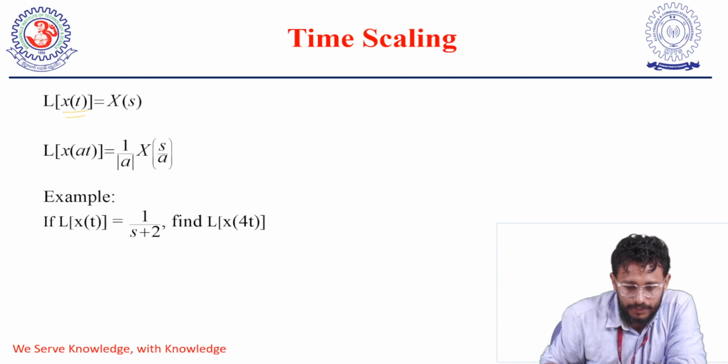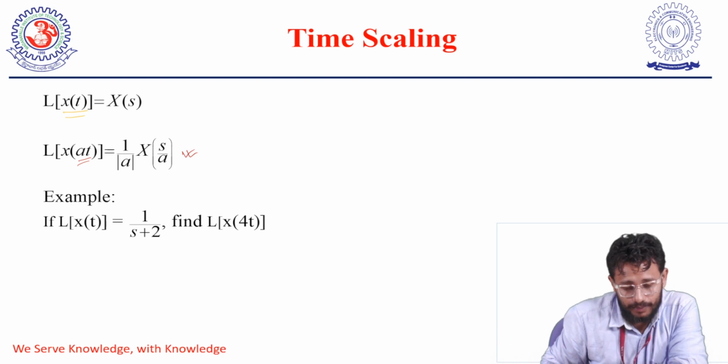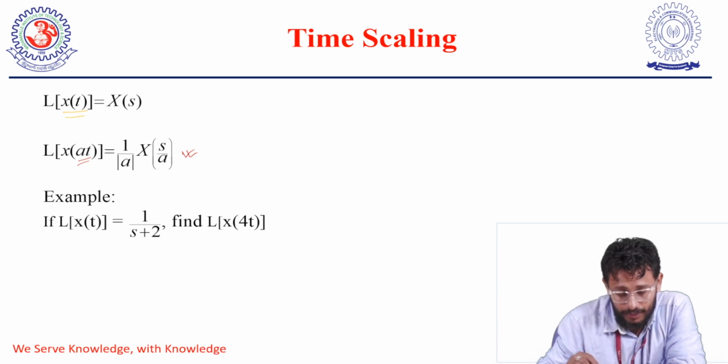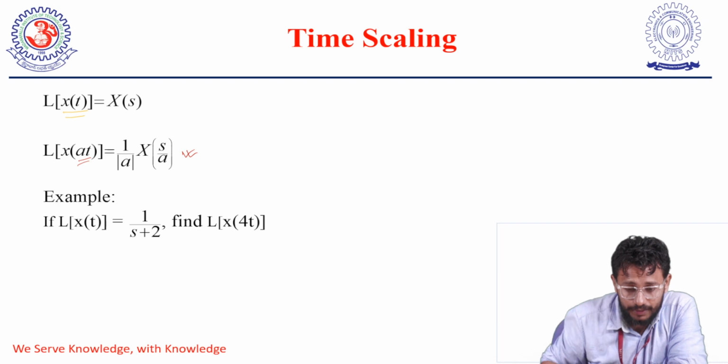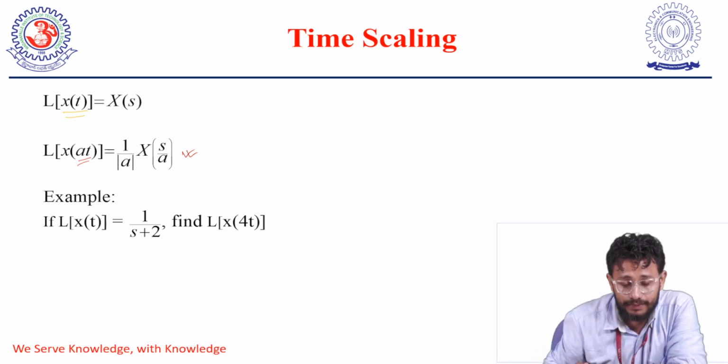Now, the moment I multiply or scale the time by a factor of a, this is what you will expect as the Laplace transformation: 1 over the magnitude of a, and the transformed function wherein the s term itself is divided by a, wherein this a is the constant by which the time is scaled.